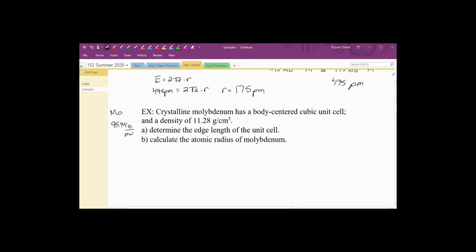Body-centered cubic unit cell. That's 2 atoms, right? And the edge length in terms of R would be edge equals 4R over the square root of 3. Again, you do not have to memorize that. It's just one of the formulas. It gives you a density.